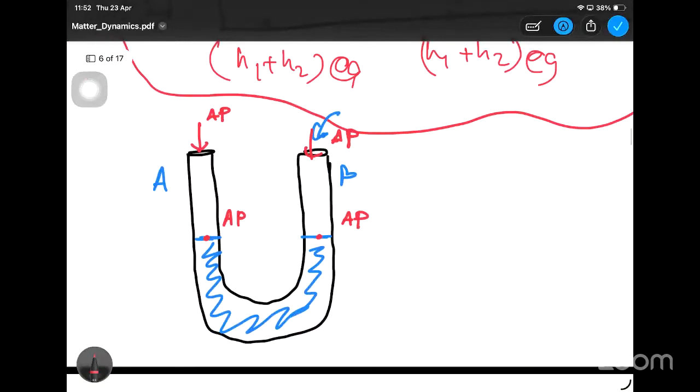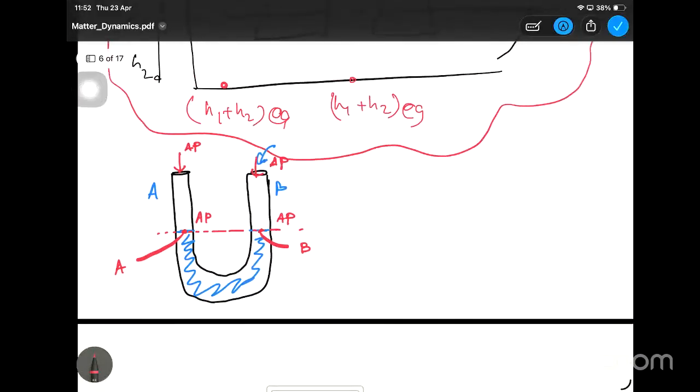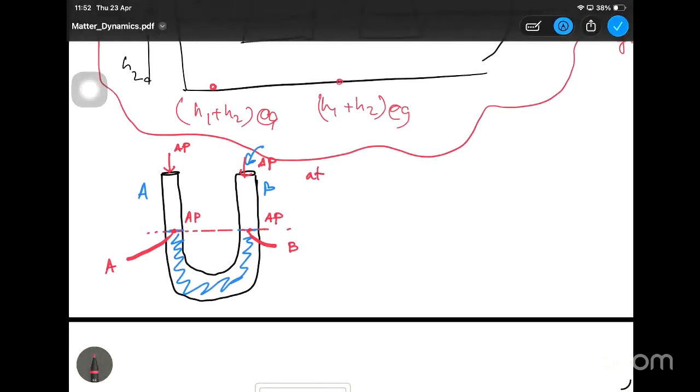Therefore, if we consider these two molecules, they are in the same liquid and also at the same level. If we consider this point to be A and this point to be B, what has happened at same liquid and same level?